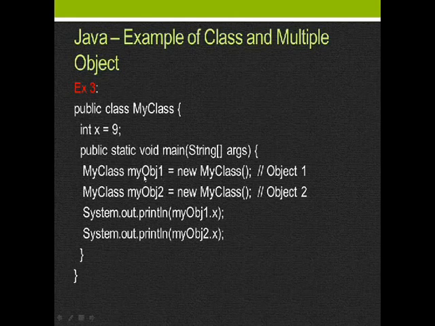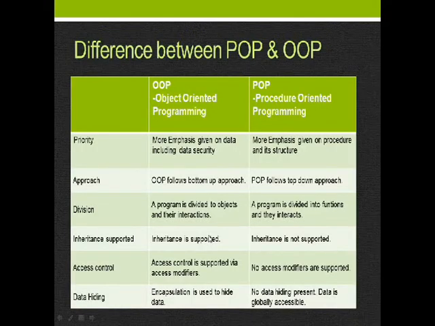Here myObj1 and myObj2 are the two objects that have been created, and after that we take a printout which is myObj1.x and myObj2.x.